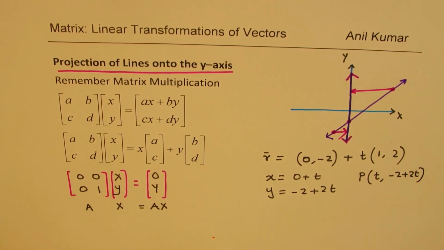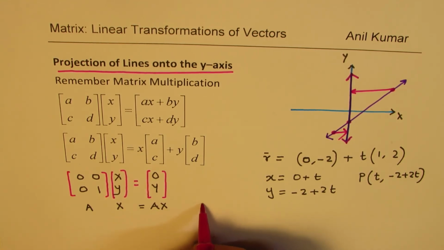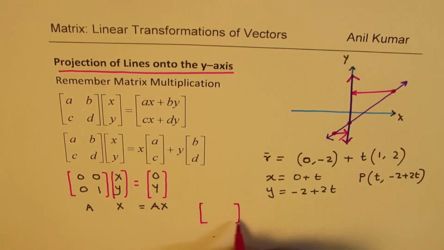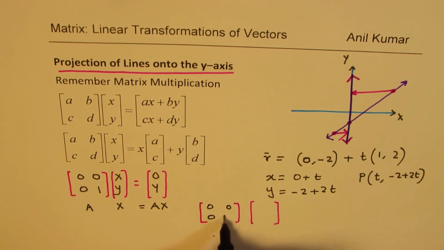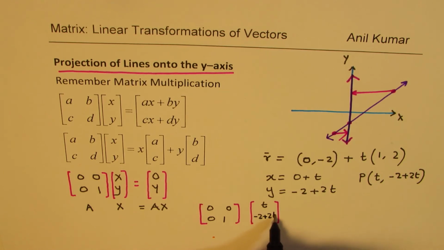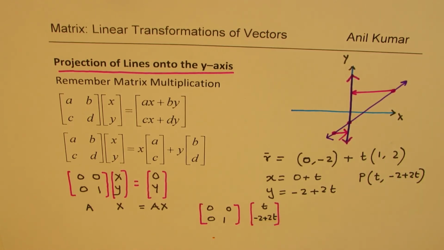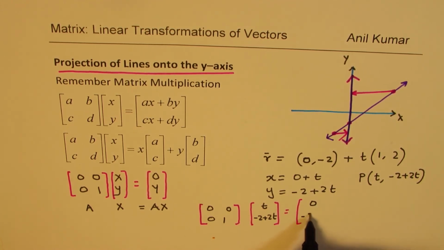Using this transformation, what do we get? Let's try it out. So using this transformation, which is (0, 0, 0, 1), the point for us is t, minus 2 plus 2t. What do we get? So when you do the multiplication of these two matrices, you get 0 right there, and here you get minus 2 plus 2t.